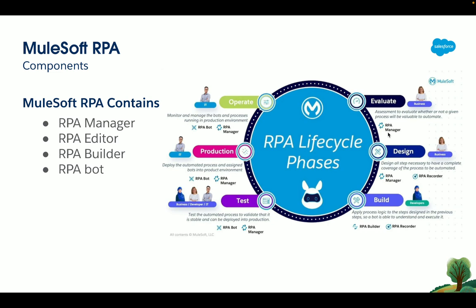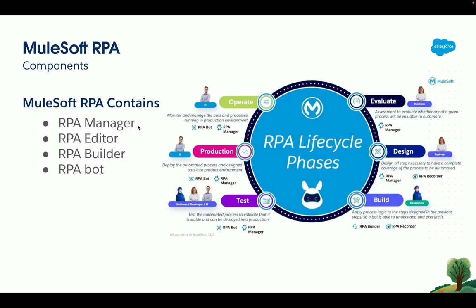In this, we determine whether it will be beneficial to automate it, and this depends purely on the ROI that the business wants to see from using MuleSoft RPA. Once the business is confirmed that they have a better ROI when using MuleSoft RPA, and this is a completely optional step, we then directly move to designing that RPA process. In this, we use RPA Manager and RPA Editor.